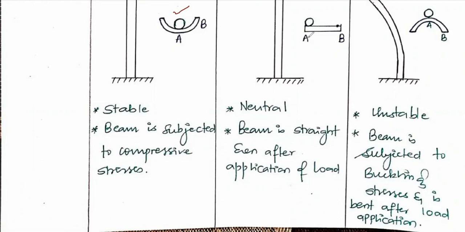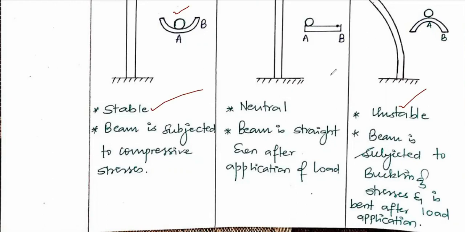In the second case, you have a flat plate on which you keep the ball, so it is in neutral equilibrium. And at last, you keep an inverted cup, and on that you keep the ball. It may roll down anytime. That is the reason I call it unstable equilibrium. Here it is exactly at the center, so it is stable equilibrium. So these are the 3 cases which you need to thoroughly understand.